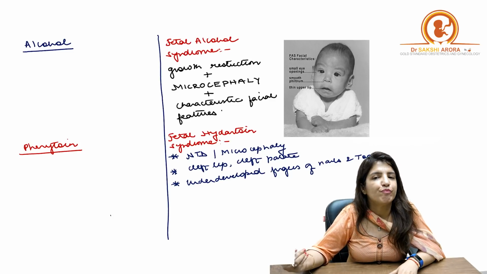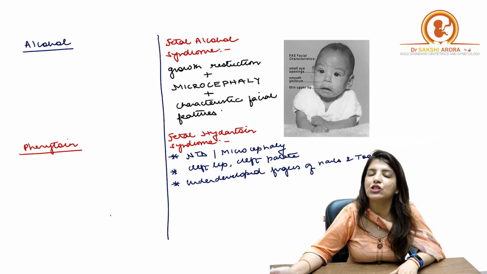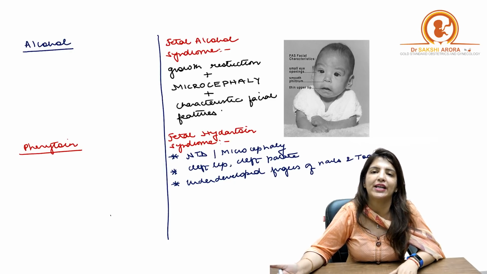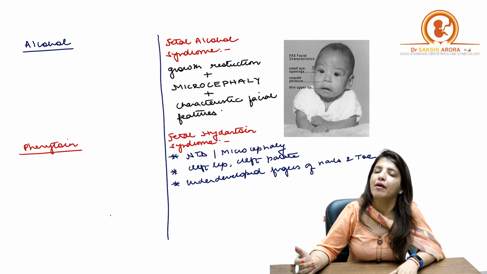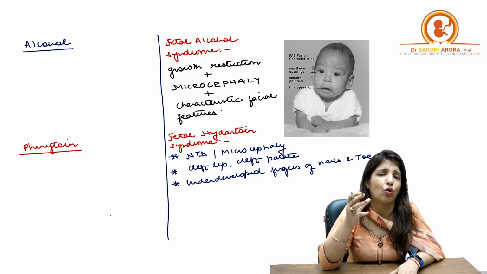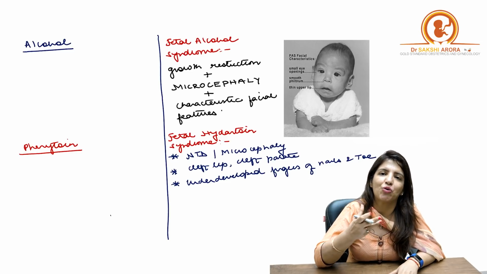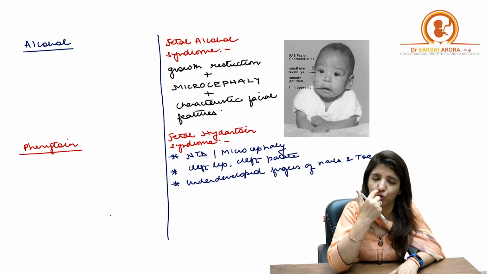Alcohol. Now, if the mother consumes alcohol in the first trimester of pregnancy, it leads to fetal alcohol syndrome. In fetal alcohol syndrome, you will get a triad: growth restriction, microcephaly, and there will be typical alcohol facies. In typical alcohol facies, the philtrum will be absent. This over here, the philtrum will be absent. It will be smooth over here.